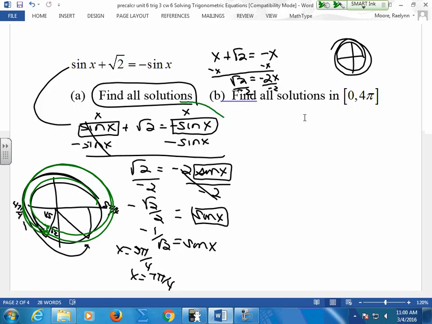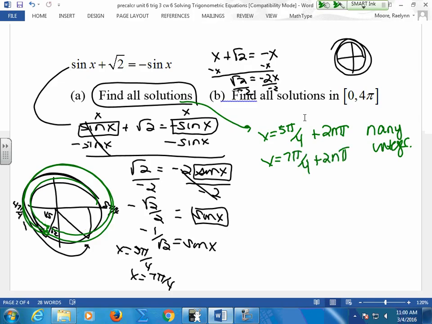So to make all solutions, we're going to say x is equal to 5 pi over 4 plus 2n pi, where n is any integer. Because if I go around 0 pi, that means I'm just at that angle. If I go around 2 pi, I added 1 circle, another 2, another 2, another 2. And I'm going to do it for this guy. This is my all solutions.